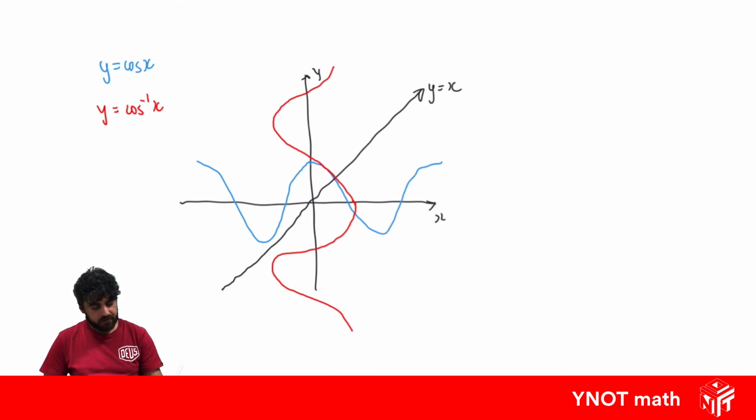But again, this is not a function because it doesn't pass the vertical line test, so we have to limit our function. And again, there's an infinite places we could limit the function, but we're going to limit the function from here to define our inverse function. So again, let's just draw that separately.